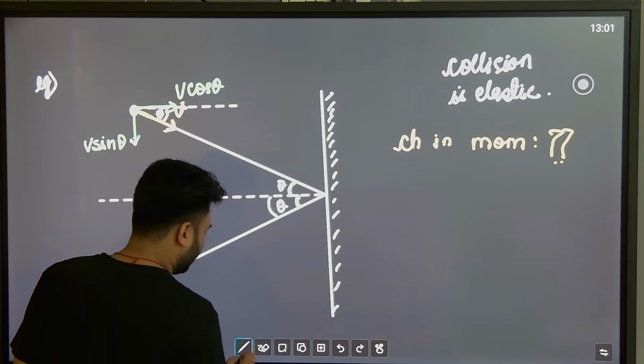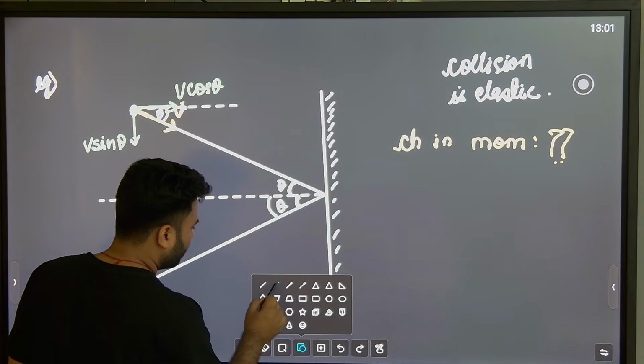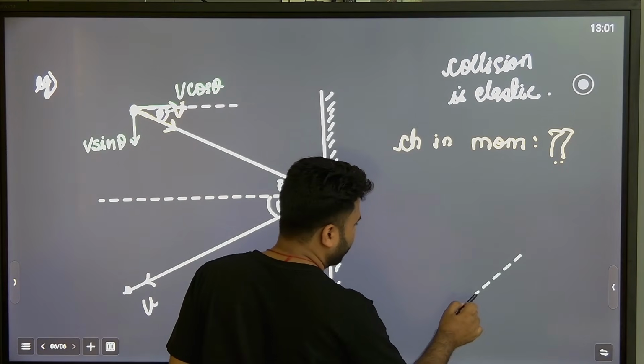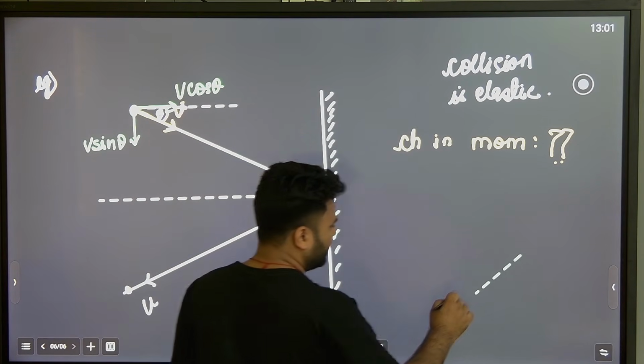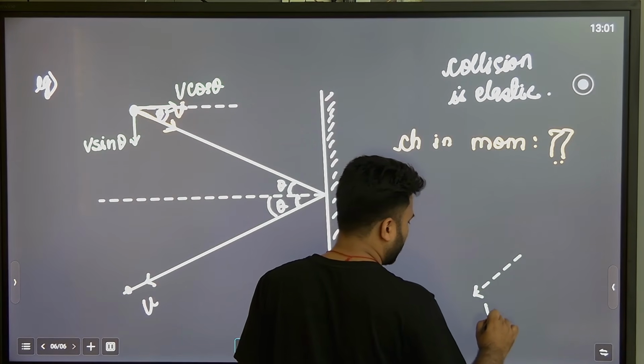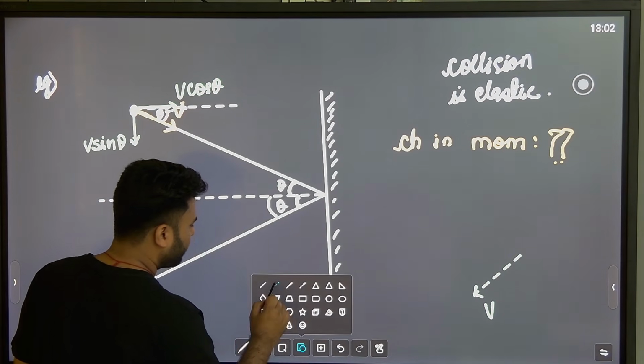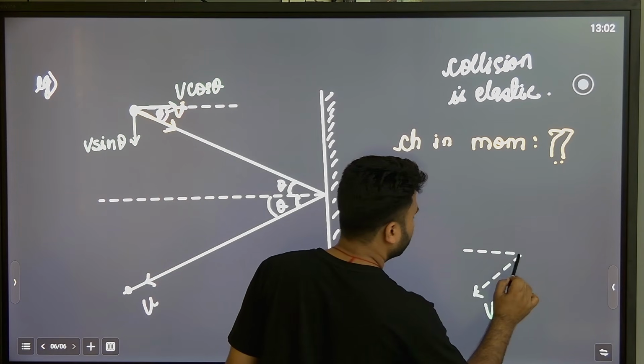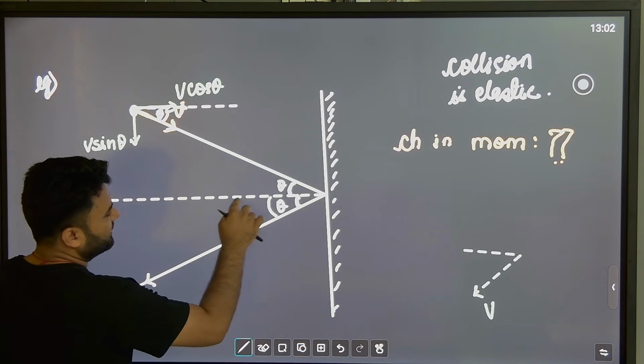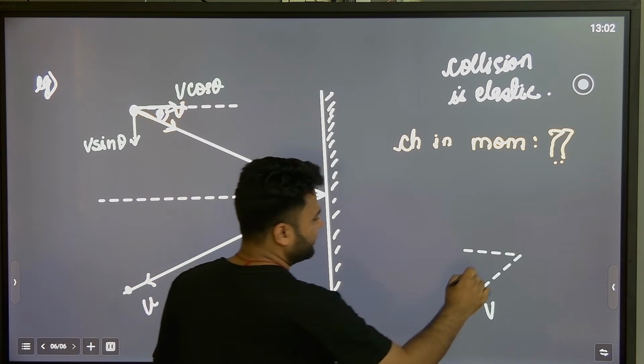See here, after striking, this is v, and this angle, this dotted line, is theta.